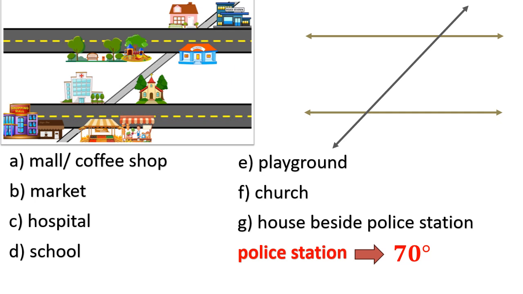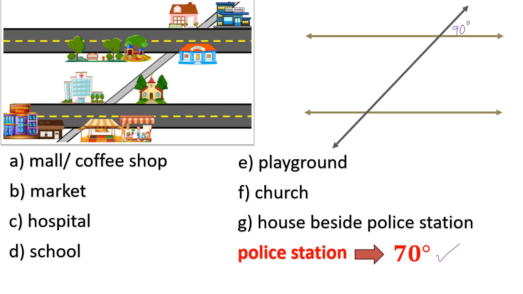Alright? Now, it has been mentioned that the police station measures 70 degrees. So in the illustration, we can see that the police station is here, which is 70 degrees. So from that idea, we are going to identify the measures of the rest of the data.